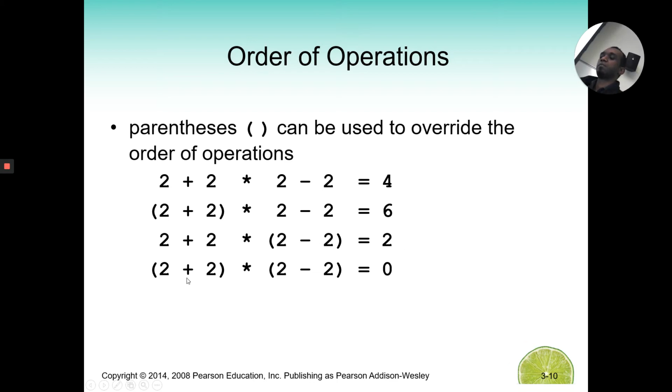With (2 + 2) * (2 - 2), one gives a 4 and the other gives a 0, so 4 times 0 is 0. Here you do the multiplication in the middle first, 2 times 2, which is 4, and then 6 minus 2, which is 4.